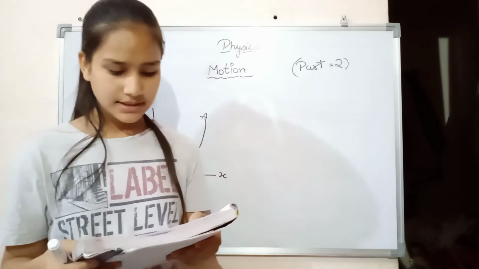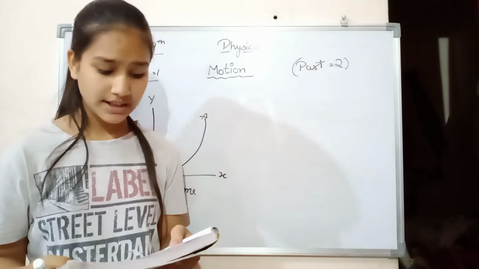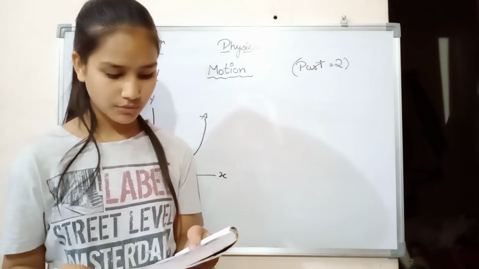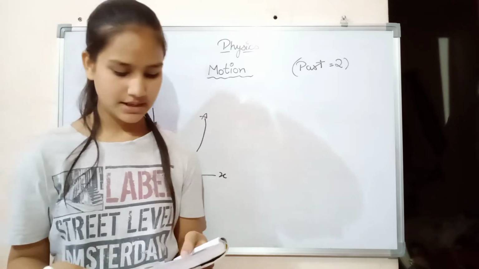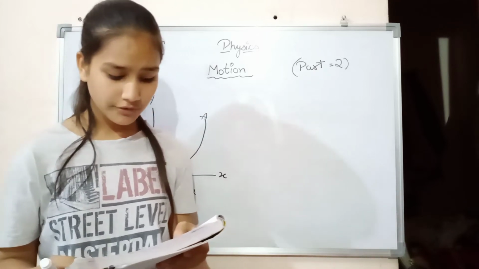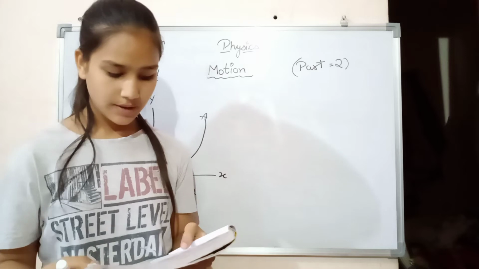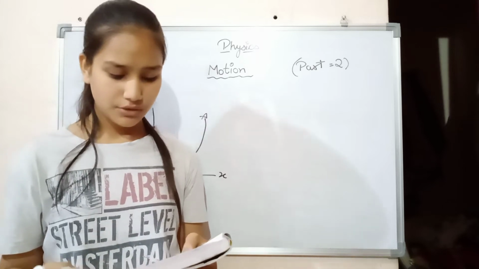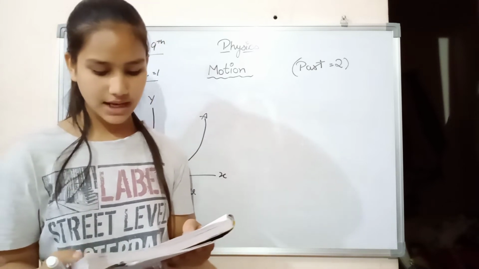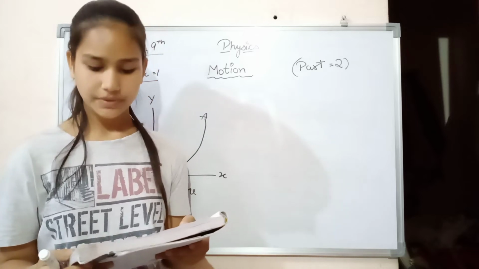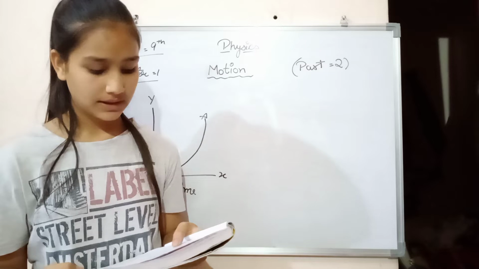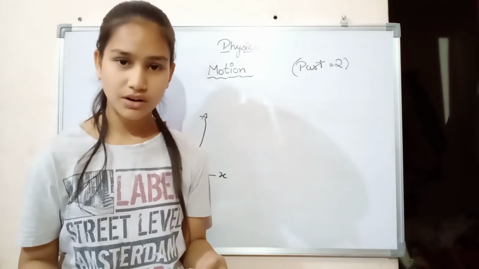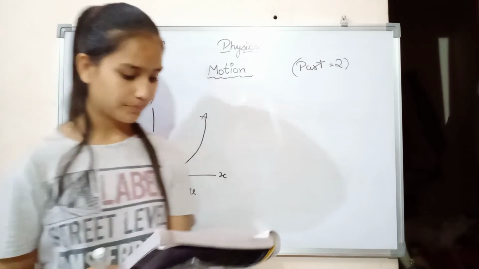Thus, in order to find out whether a body has uniform motion or non-uniform motion, we should draw a distance time graph for it. If the distance time graph is a straight line, the motion will be uniform, and if the distance time graph is a curved line, the motion will be non-uniform. It should be noted that non-uniform motion is also called accelerated motion.